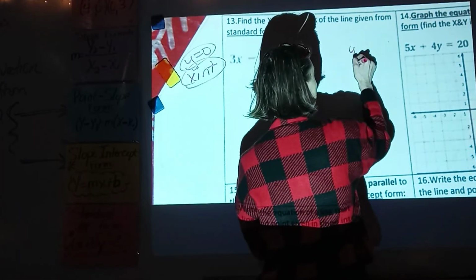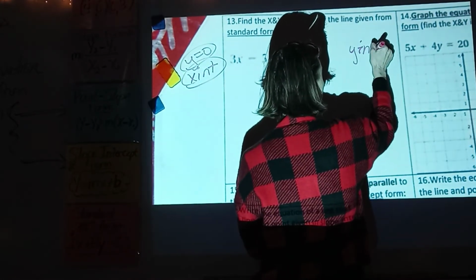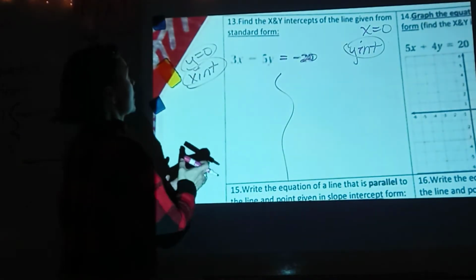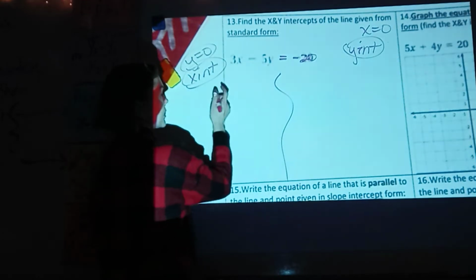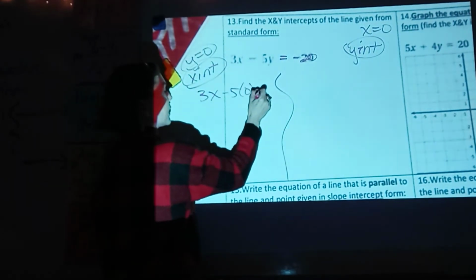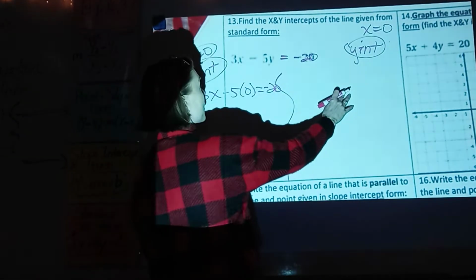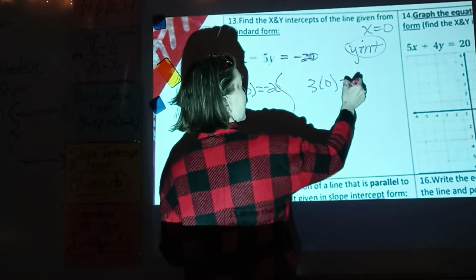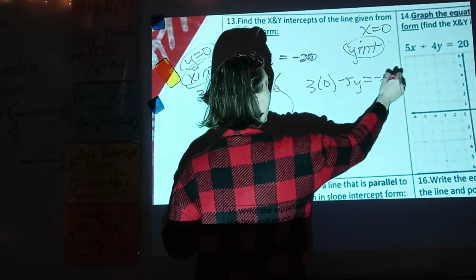And then on the right, we're going to solve for the y-intercept, which means we need to make the opposite equal to 0, okay? So on this side, we make the y equal to 0. So 3x minus 5 times 0 equals negative 20. And then on the right, we have to make the x equal to 0. So 3 times 0 minus 5y equals negative 20.